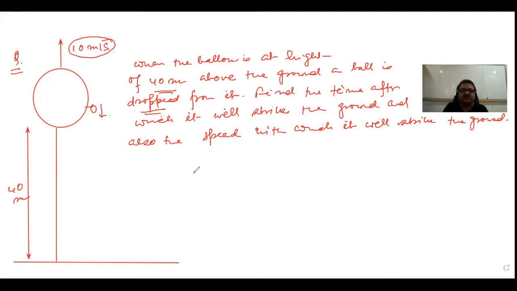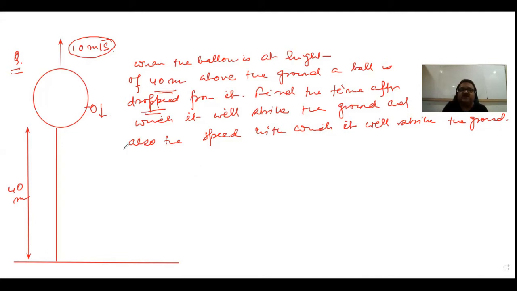So because of inertia, at the moment the ball is dropped, it also has the inertia of the balloon, correct? So that means it has a momentary effect of rising upward.